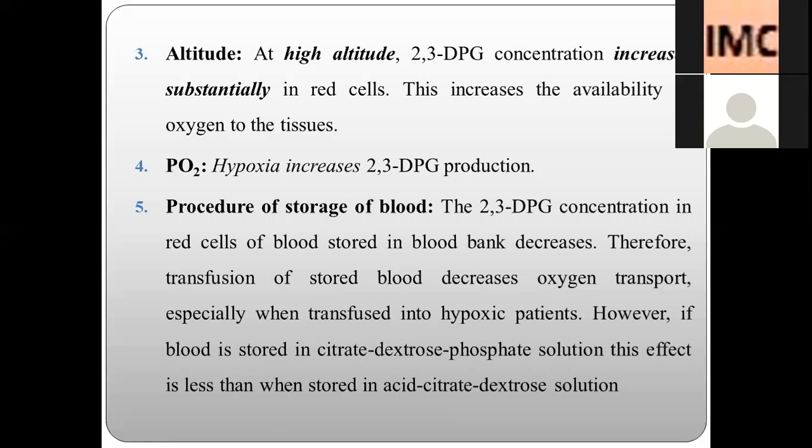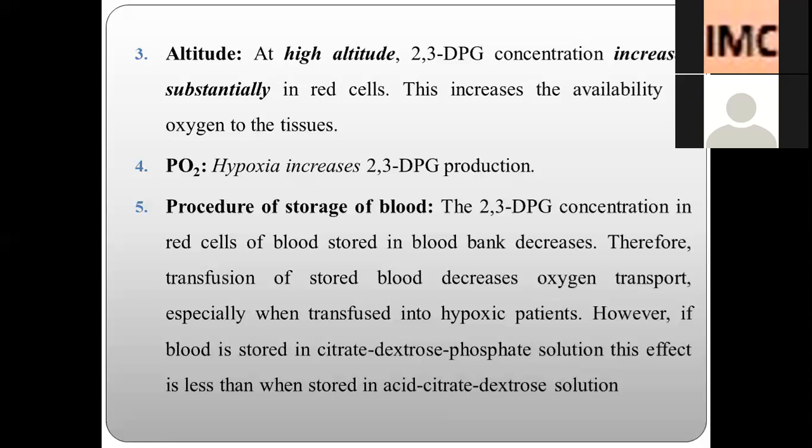There is one part which is very important. This is again a very commonly asked question in examinations, as a practical exam question or a viva question: the procedure for storage of blood. When we store blood, the 2,3-DPG concentration decreases, and due to that, the stored blood has decreased oxygen transport.